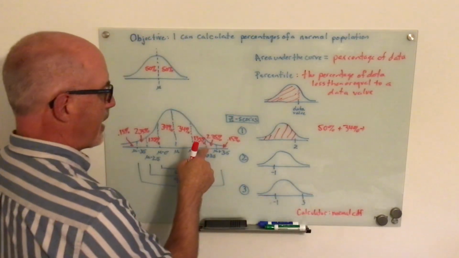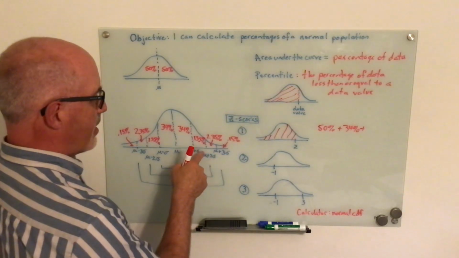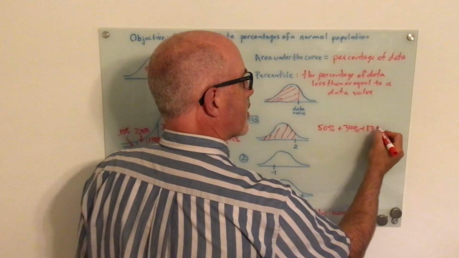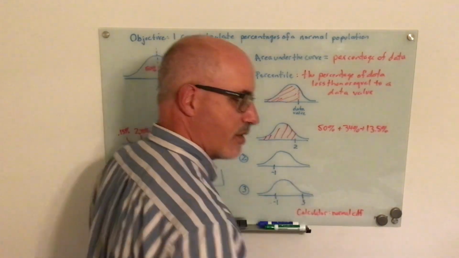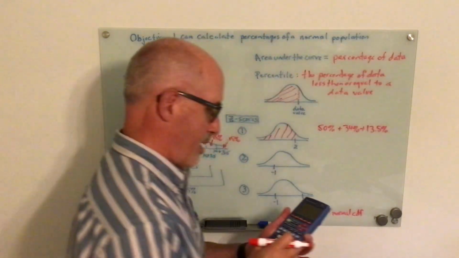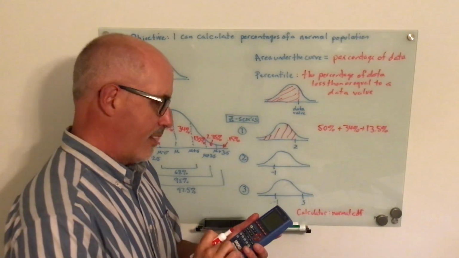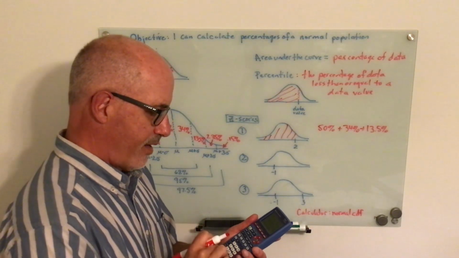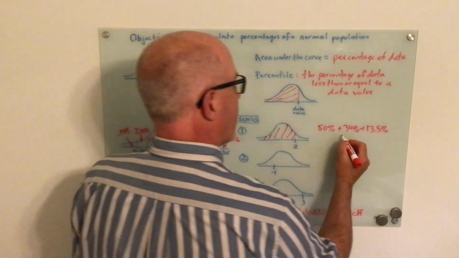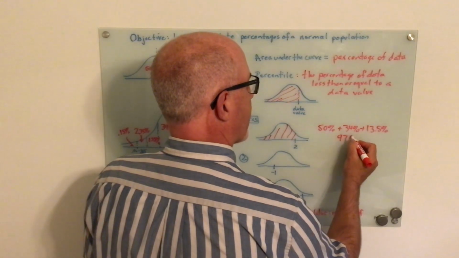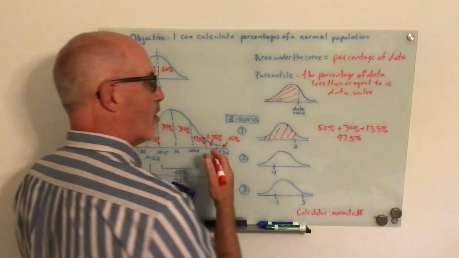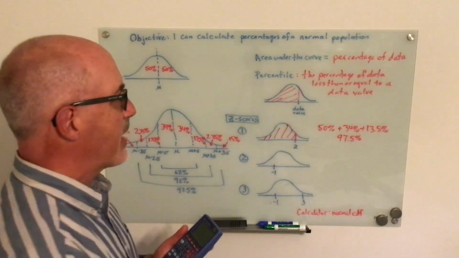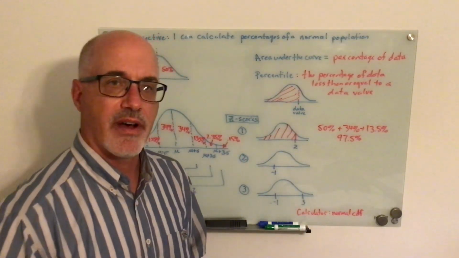And then plus, I'm going to add up to 2 standard deviations above is this 13.5%, and then it stops. Okay, so if we add all of those up, 50 plus 34 plus 13.5, we get 97.5% of the data will fall below 2 standard deviations above the mean. Okay, so that's the percentile, 97.5.